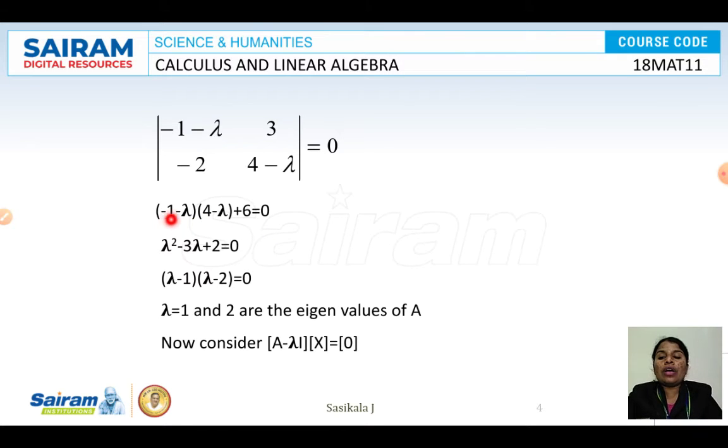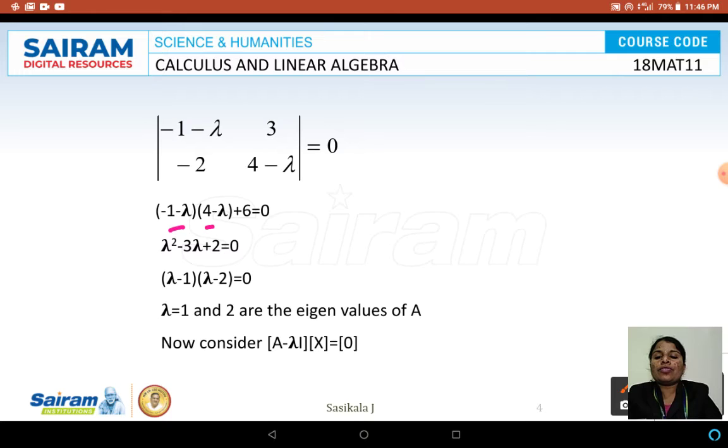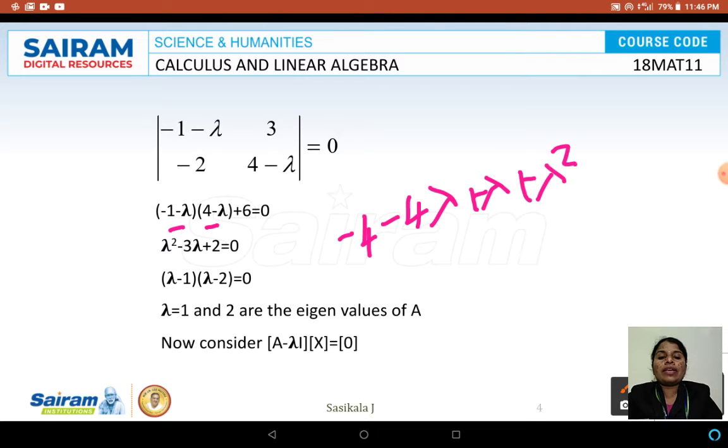Now you can do the multiplication. Minus 1 times 4 is minus 4, then minus 4 lambda, then multiplied with minus lambda, it is plus lambda squared. So you will have lambda squared, and minus 4 plus lambda will be minus 3 lambda, then plus 2 equal to 0. Now do the factorization.